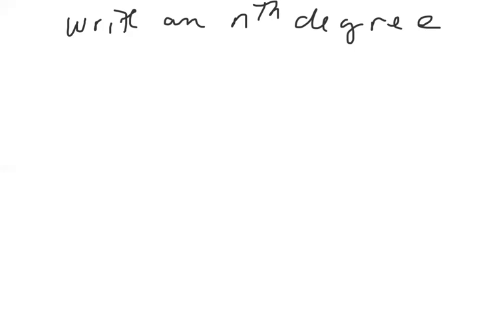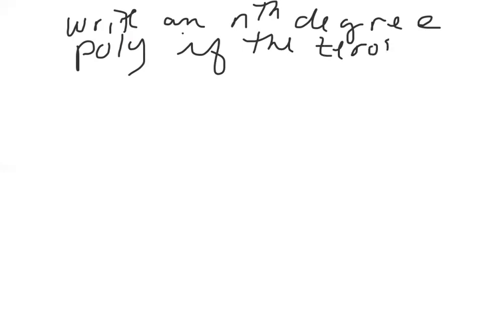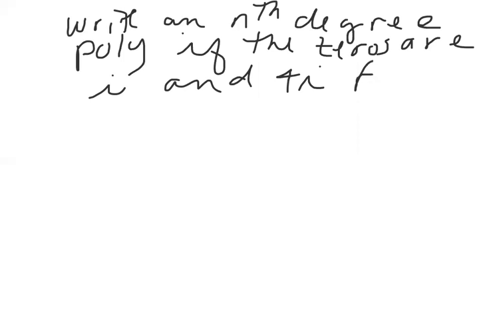So here's the premise of the question. You have to write an nth degree polynomial if the zeros are i and 4i. Also, they tell you f of -1 is equal to 102.